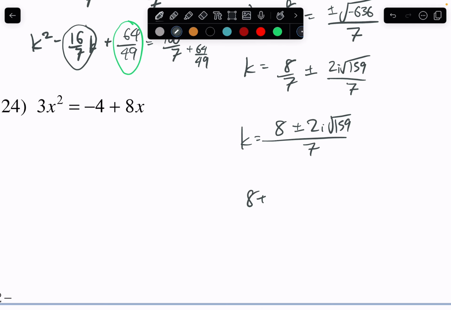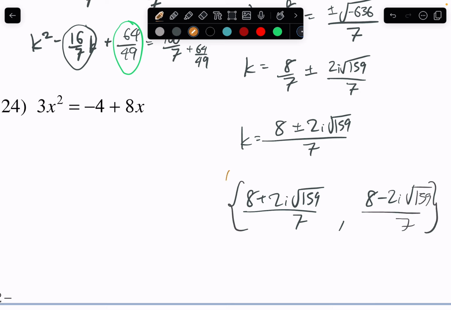We have 8 plus 2i square root of 159 over 7 and 8 minus 2i square root of 159 over 7. Let's confirm if the answers are correct.